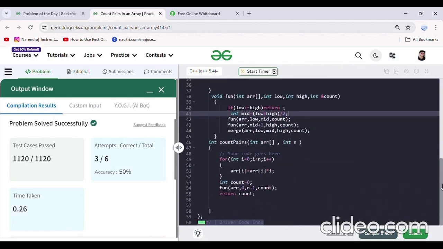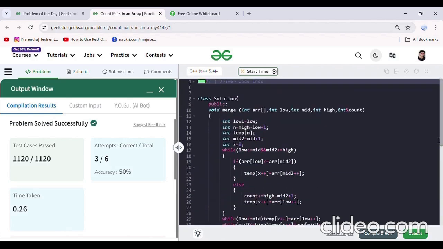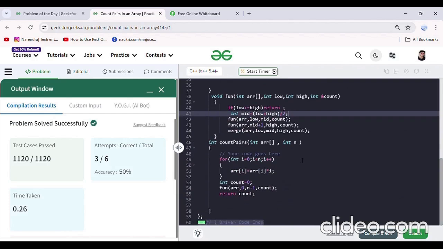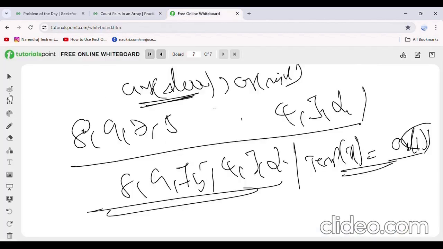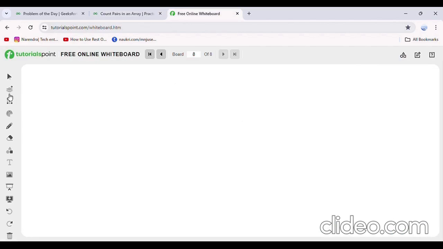It submitted successfully. Guys, this is entirely merge sort. Only we are changing this problem here, and I am giving you the tip to learn merge sort. If I explain merge sort here, the video length becomes much more, already it is 19 minutes.